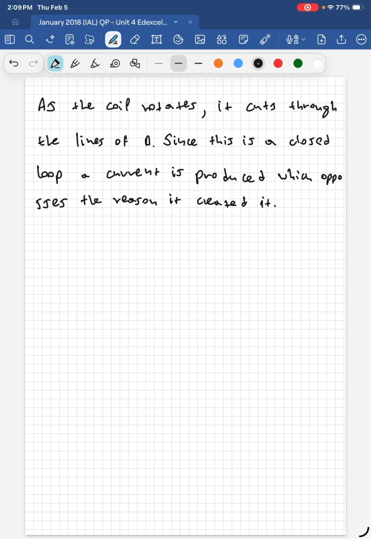How does it do that? By rotating in the opposite direction, therefore it kind of tries to cancel the magnetic field.